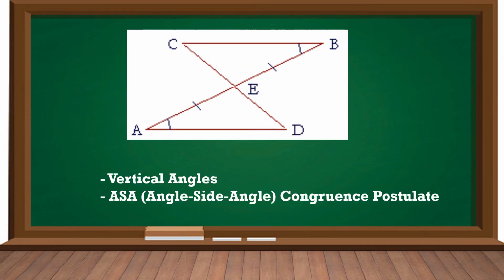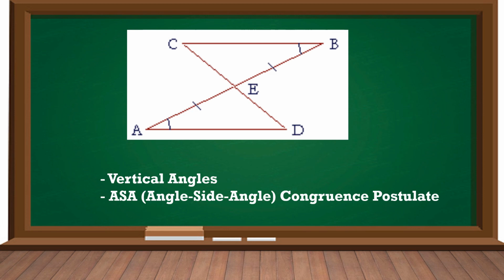Another observation we can get from the given figure is we have angle A congruent to angle B, side AE congruent to side EB.